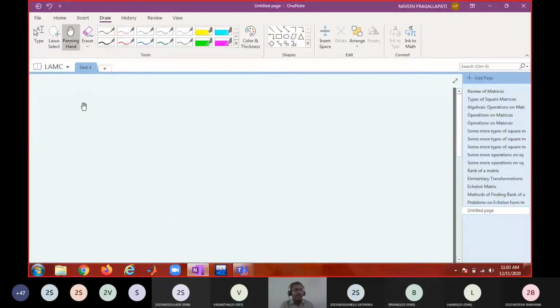Please note down the matrix and find its rank. It is going to be the third problem, right? Every time I'm writing A only. So I will take this problem.